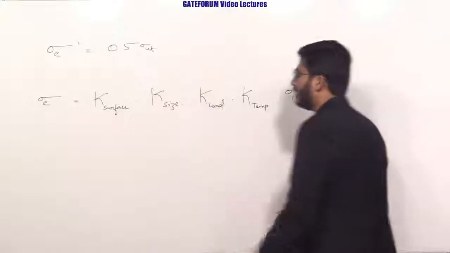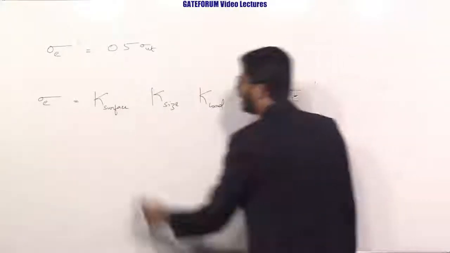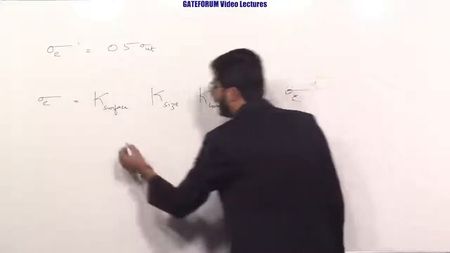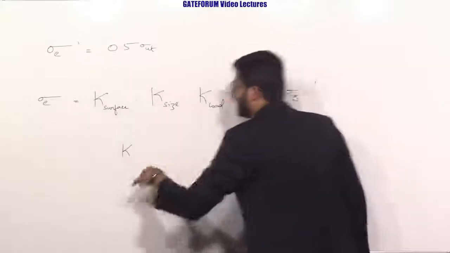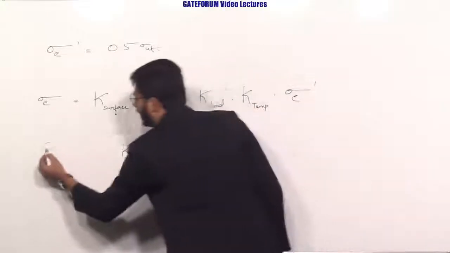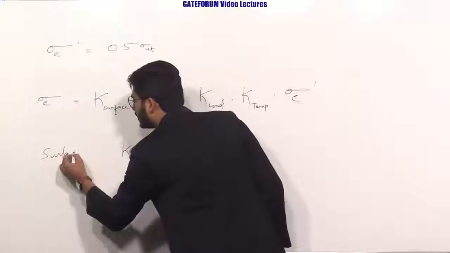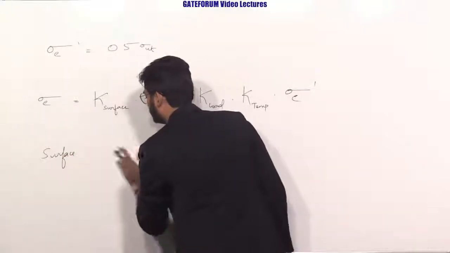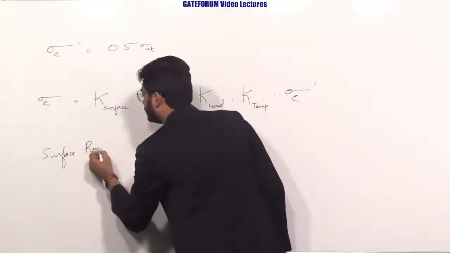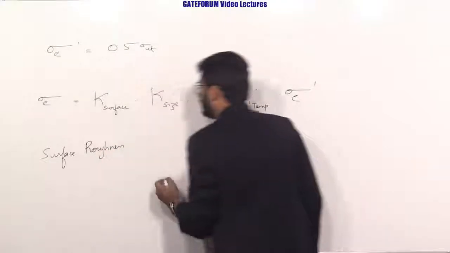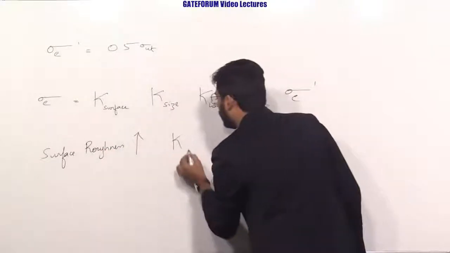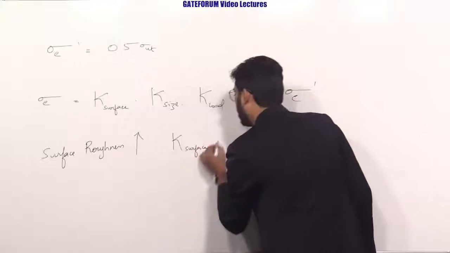Now with the increase in surface roughness, the K value or K surface drops.